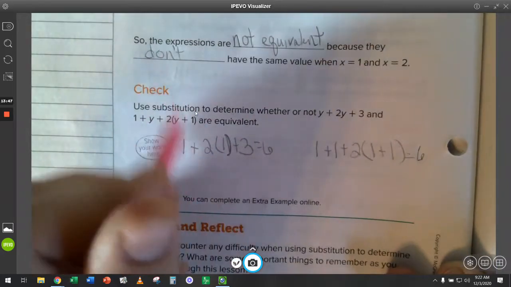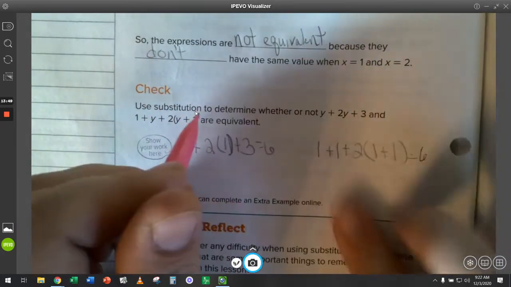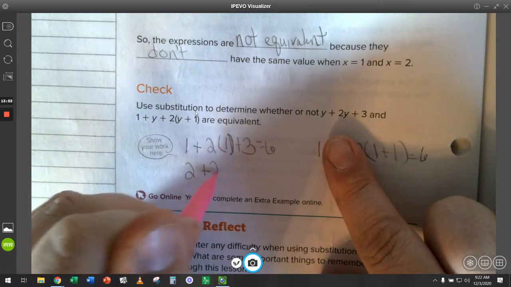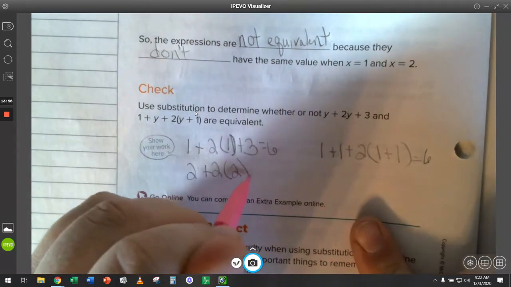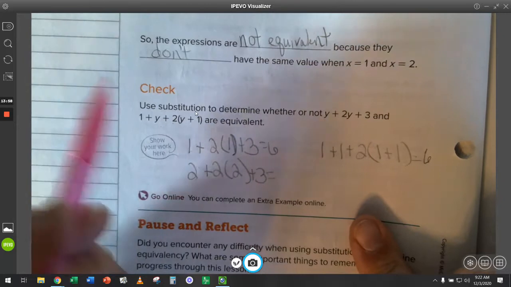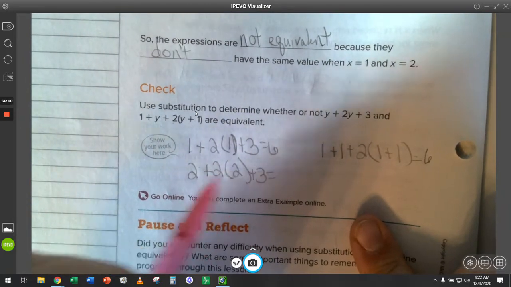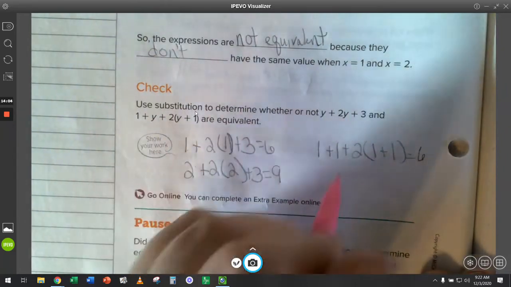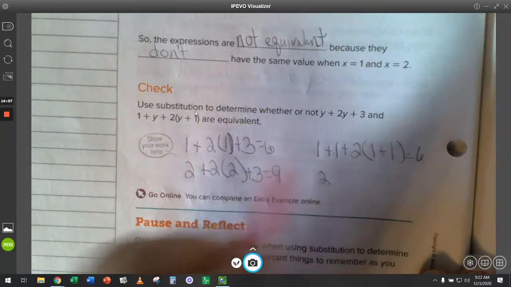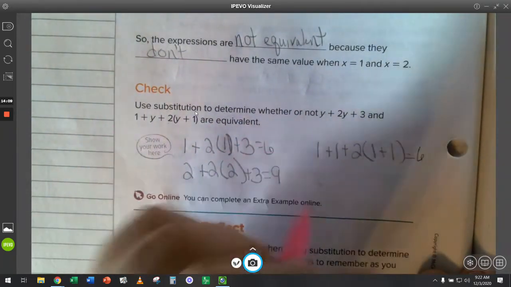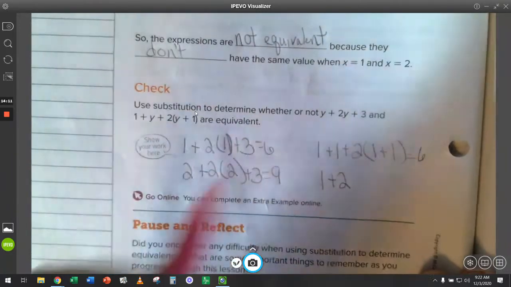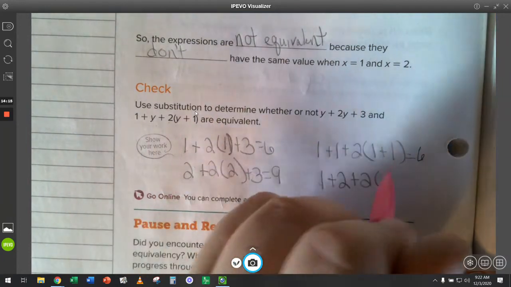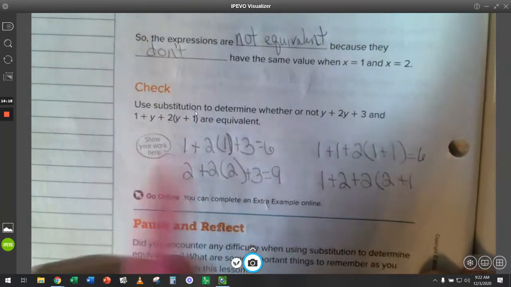What if we tried it with a 2? Replacing the y's with 2. 2 plus 2 times 2 plus 3. Okay, 2 times 2 is 4, plus 2 is 6, plus 3 is 9. Do the same thing over here. 1 plus 2 plus 2 times 2 plus 1.